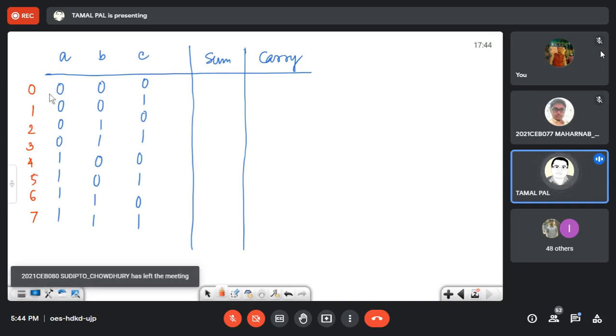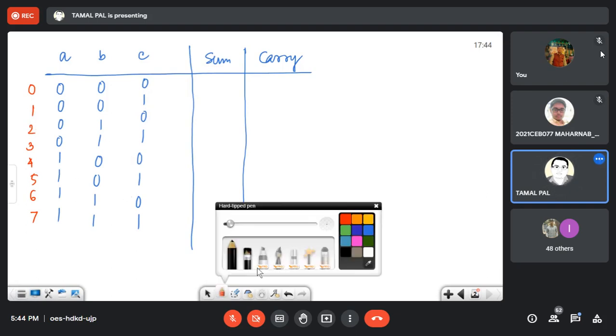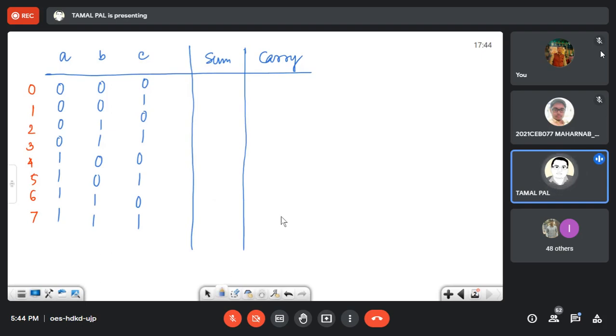If you directly convert 0 to 7 into 3-bit binary, then you can also get this combination. So in either way you can get it. Actually this is the procedure, but by shortcut, when we need to quickly generate this combination, we use this convention. You have to encode 0, then 1, then 2, then 3.